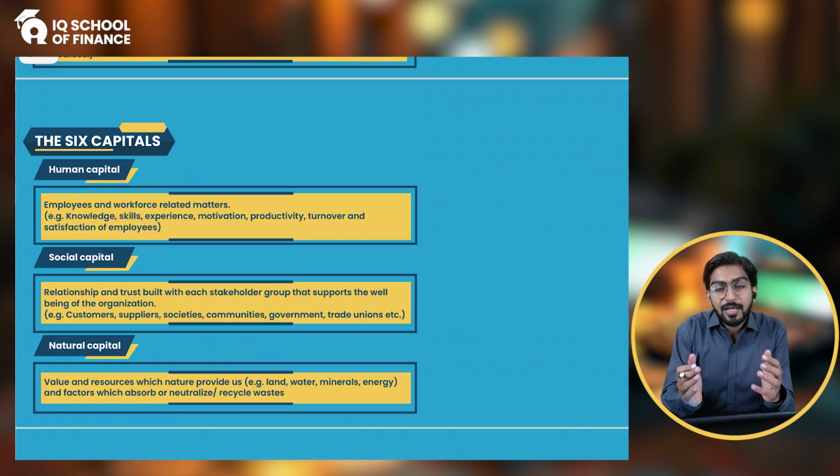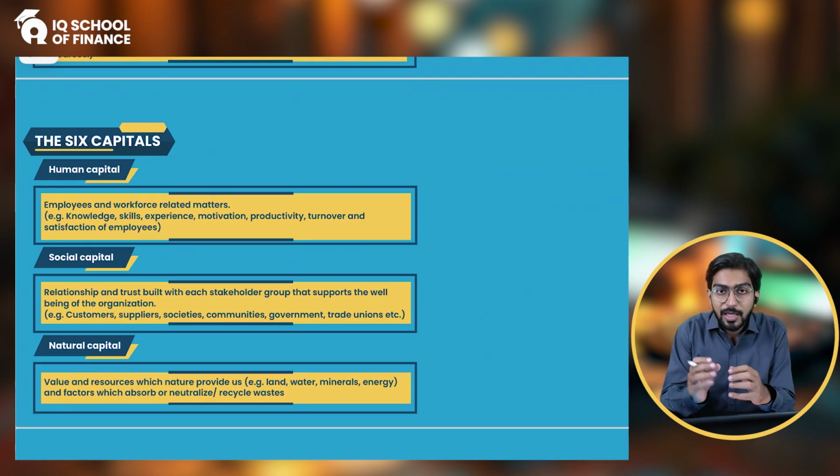So social capital is about your social resources, how good a relationship you have with the society, with all the stakeholders in the society: your customers, the suppliers, government, pressure groups, NGOs, hospitals, charities, the tax authorities or the employee union. Every kind of stakeholder you need to check, because if you have a good relationship with them, you can use your relationship, and if they have trust in you, they will support you.